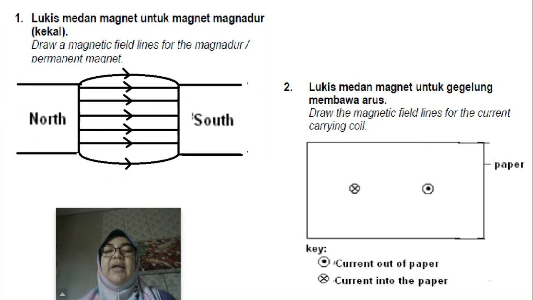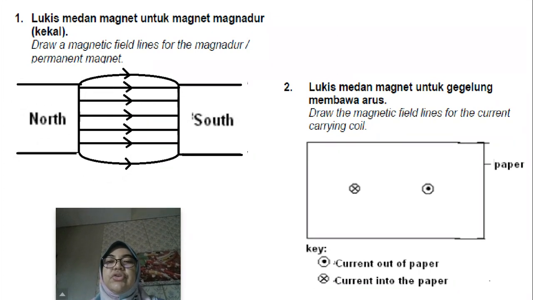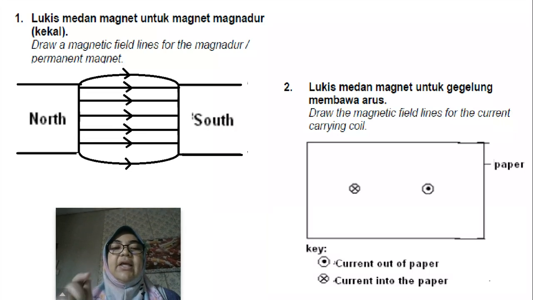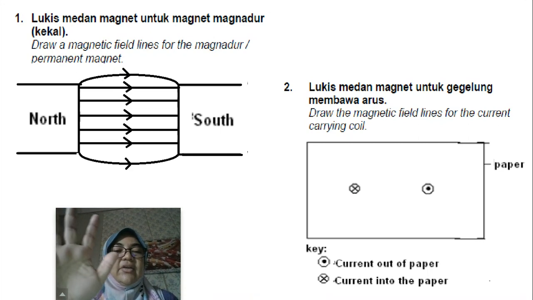Okay. And then number 2, draw the magnetic field lines for the current carrying coil. Okay, so to determine the direction of the magnetic field lines, we use our right hand grip.